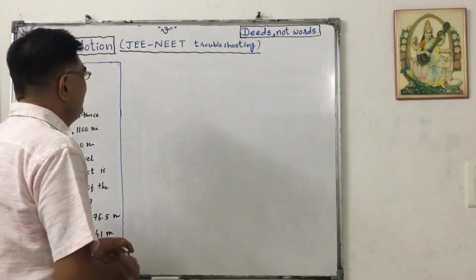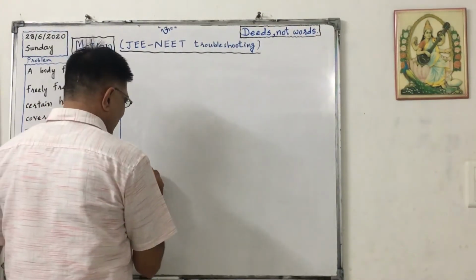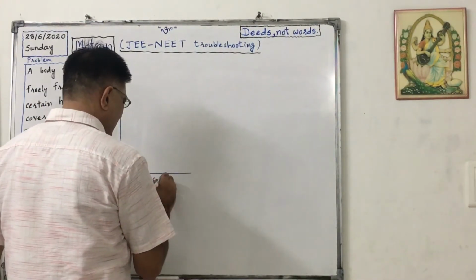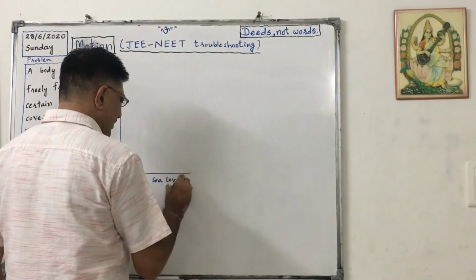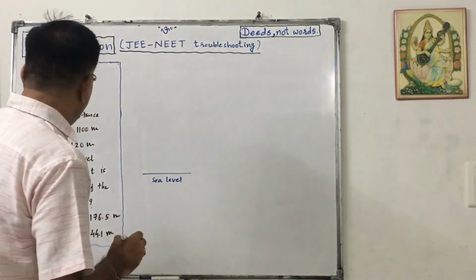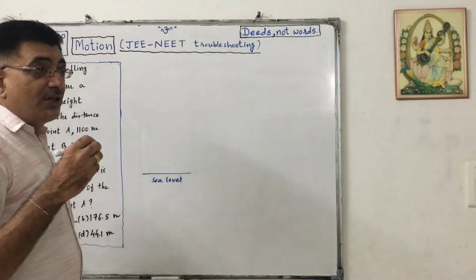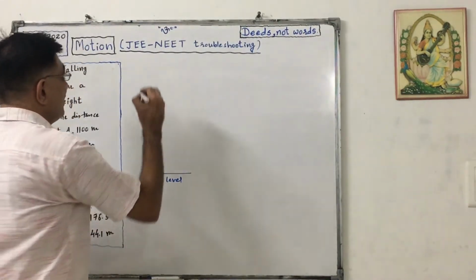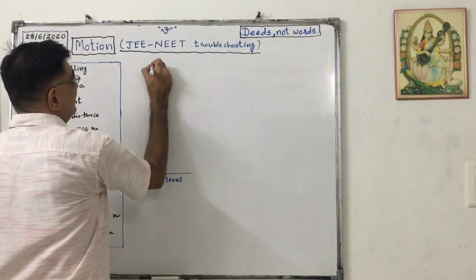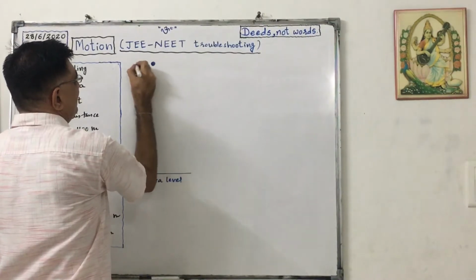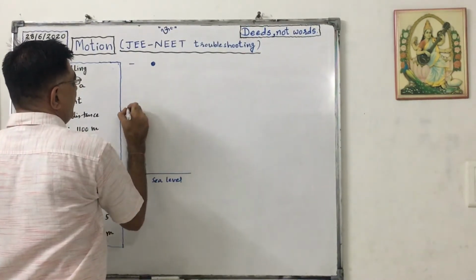Now see. Suppose this is sea level. We don't know the initial height of the body. Suppose it is here. That is the initial height of the body.